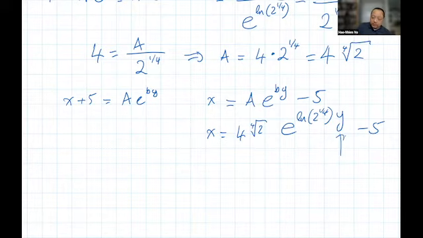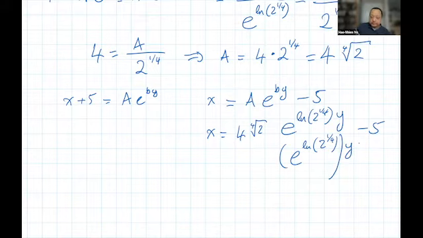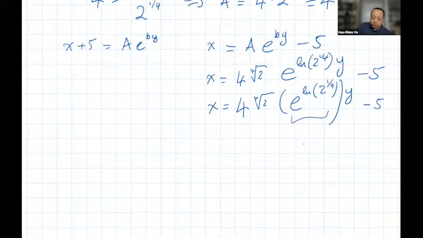Well, the problem is I have an extra y here, so I need to do a small step before I can cancel. I'm going to write this as e to the ln 2 to the 1/4, the whole thing to the power y. Everything else stays there. All of this is just 2 to the 1/4.